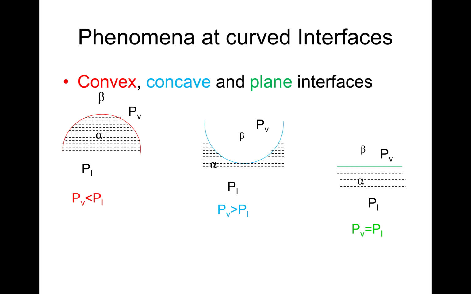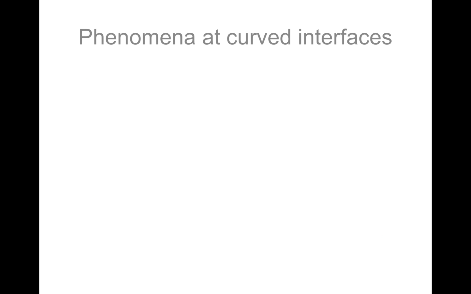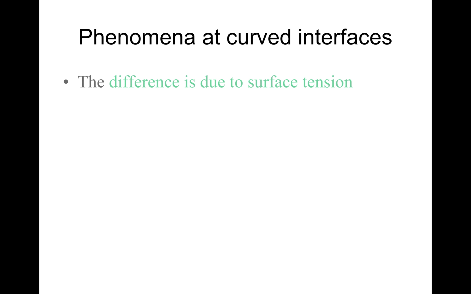Again, it's because PV has got a contribution from surface tension. When the interface is flat, alpha and beta have equal pressure, that is PV is equal to PL. So the difference is due to surface tension.